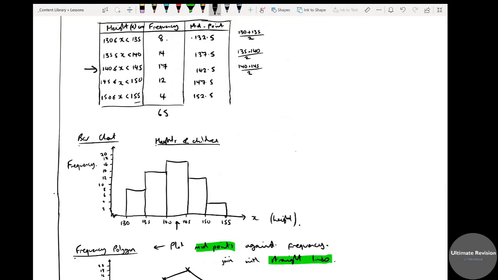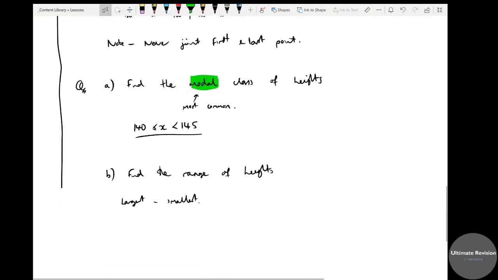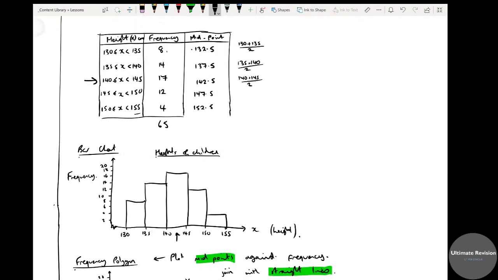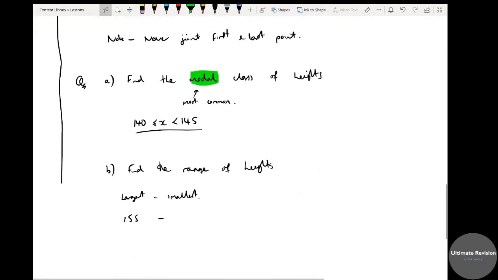So we do the largest, which in this case could be 155, and we minus from it what the possible smallest could be. Possible smallest could be 130. So I do 155 minus 130. And my range of this continuous set of data would be 25. That's my answer.